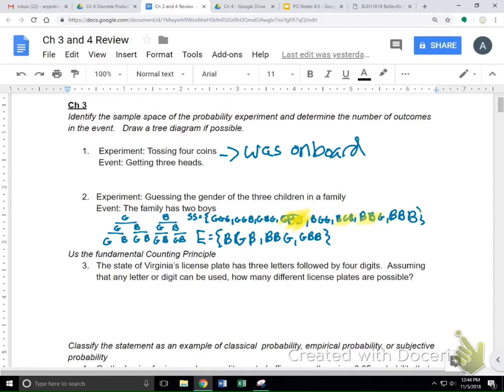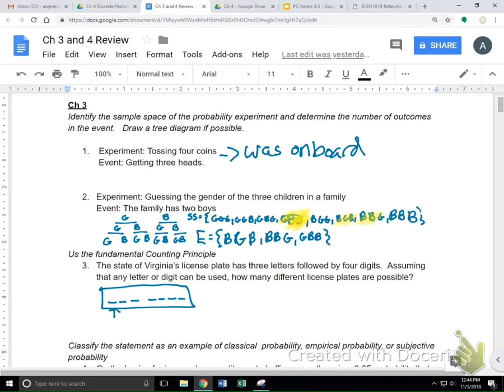Now we're doing number 3. The Virginia state license plate has 3 letters followed by 4 digits. Assuming that any letter in any order can be used, how many different license plates are possible? So you have 3 letters and 4 digits.